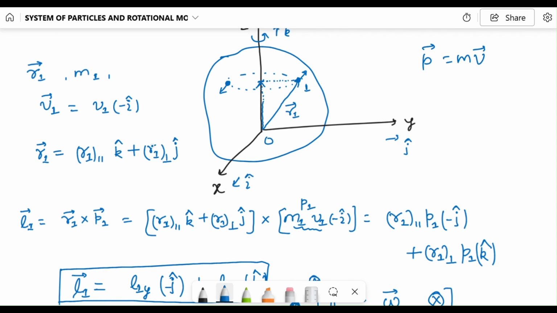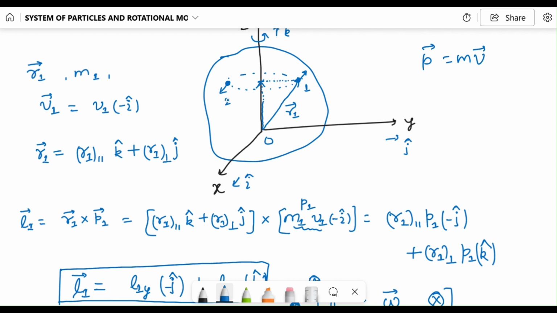So for this second particle, the velocity will be along positive I cap. This will be along the positive x direction. And then when you go for r cross p, instead of k cross minus I, which gave minus j cap, k cross I will be, look, if you put v2 I cap and then do r cross p.